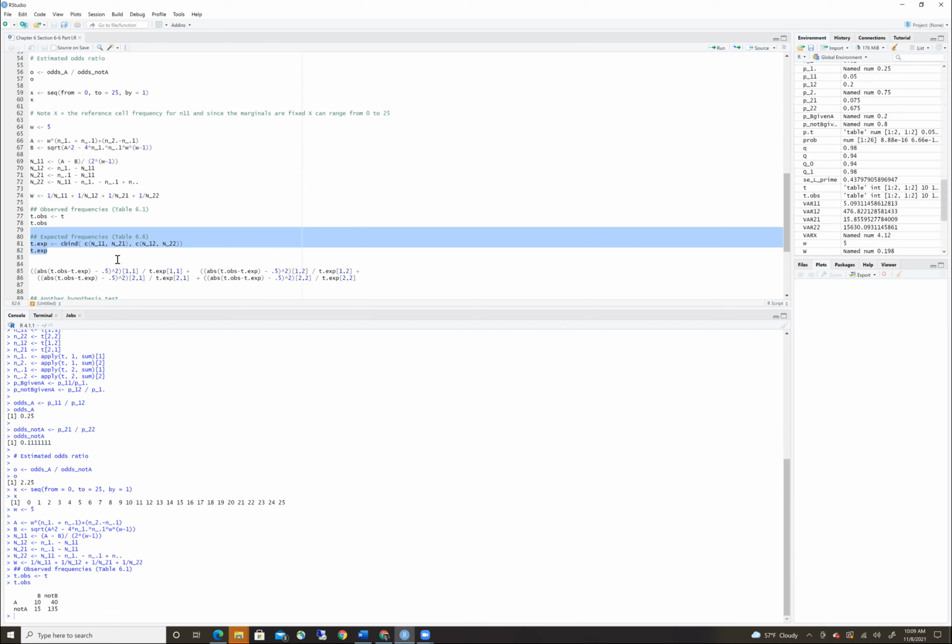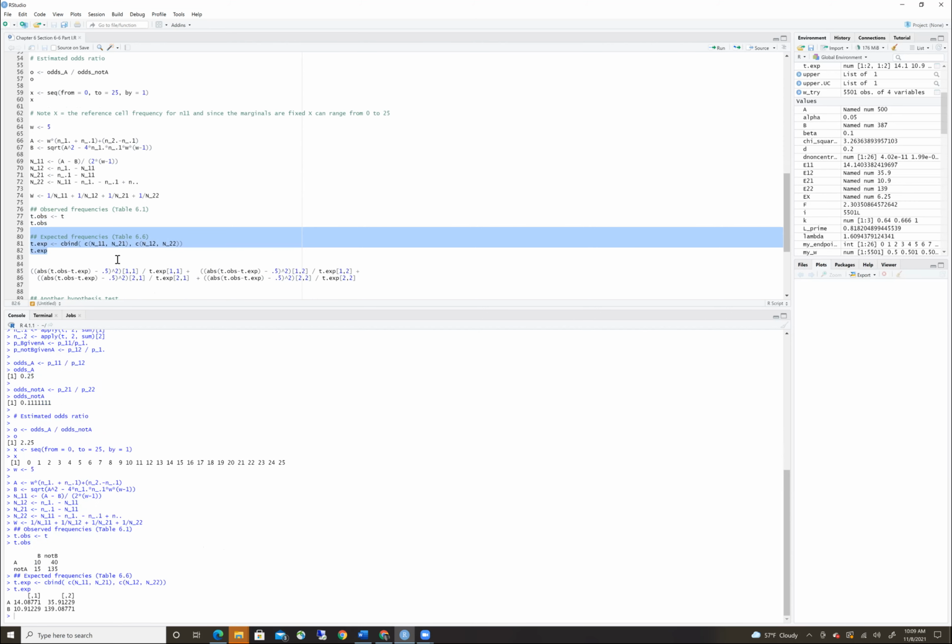So the expected frequencies are 14.08, 35.9, and so on. And to calculate the chi-square test statistic, we can take the difference of the observed minus the expected, subtract the continuity correction, and then square those values.